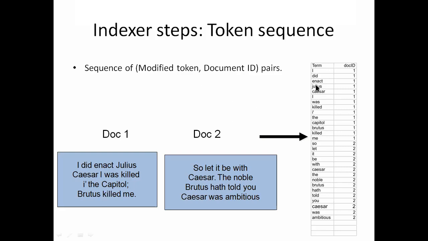We individually write down the term and document ID, which is 1. After that we check document 2 and individually write down the terms and get the document ID. Okay, this one is fine.